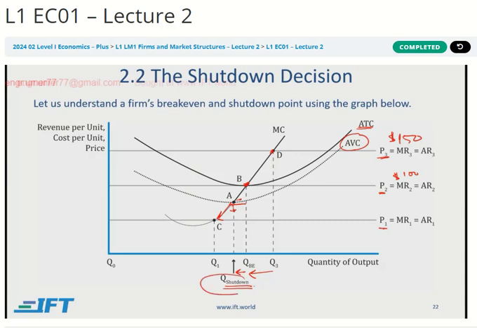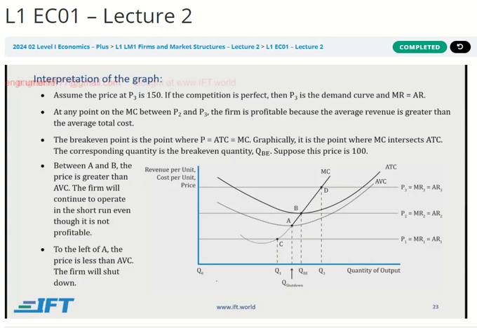And that is your shutdown point, that below your average variable cost you will shut down even in the short run. So this is the interpretation of this graph, that at 150 you're happy.